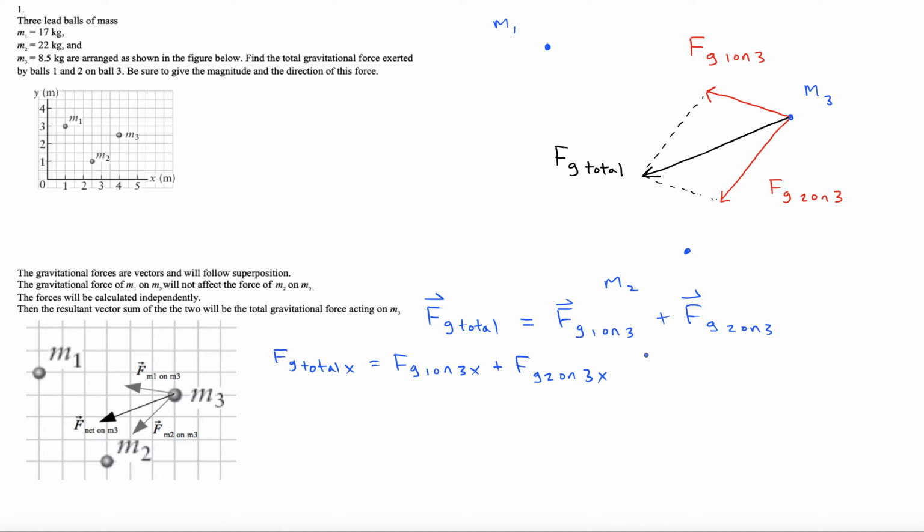And then I'll have a totally separate equation over here for the y components. Fg total in the y direction will be the sum of Fg1 on 3y plus Fg2 on 3y.